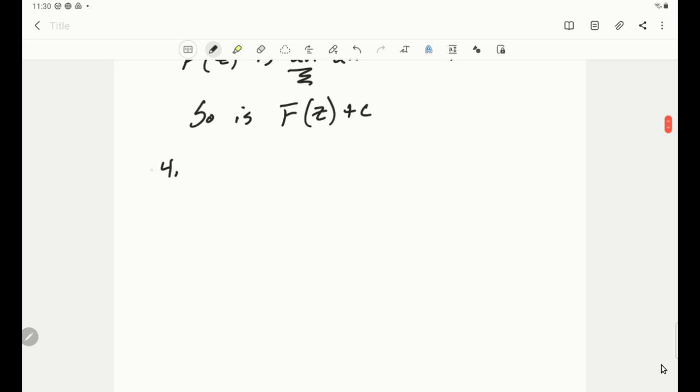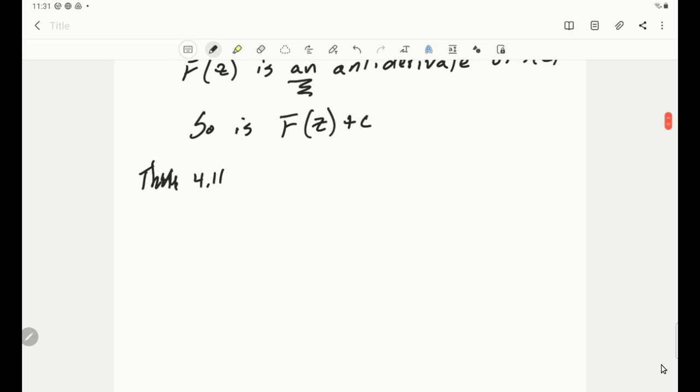Okay, so here's our basic theorem, 4.11. Here is our fundamental theorem of calculus idea. We've got G, a subset of the complex numbers, is a region.